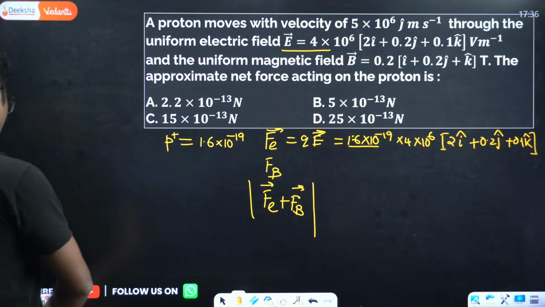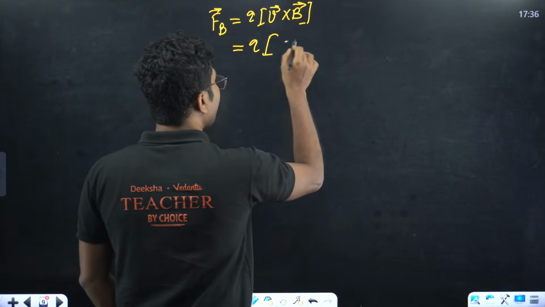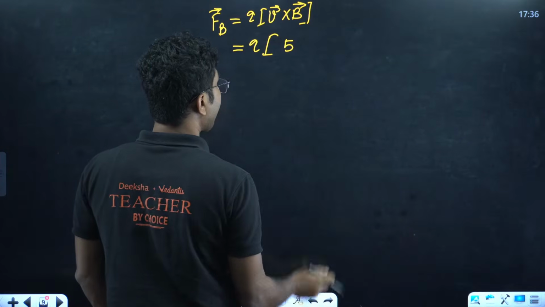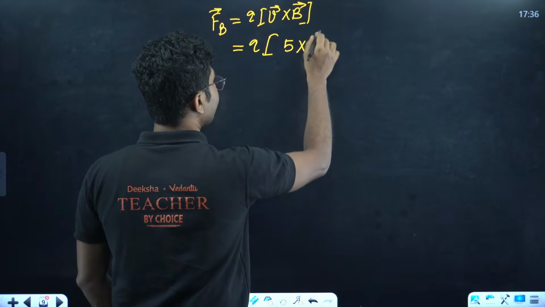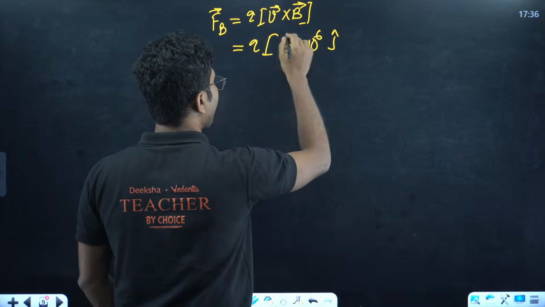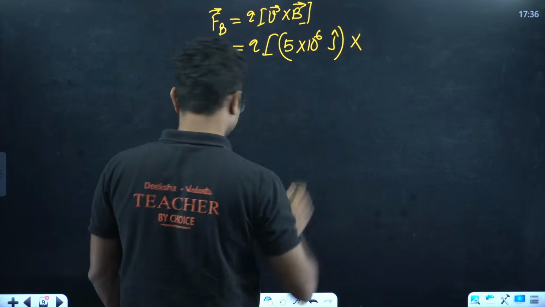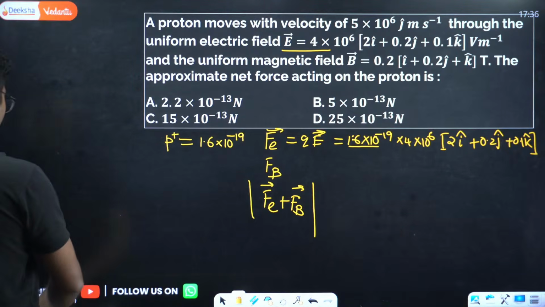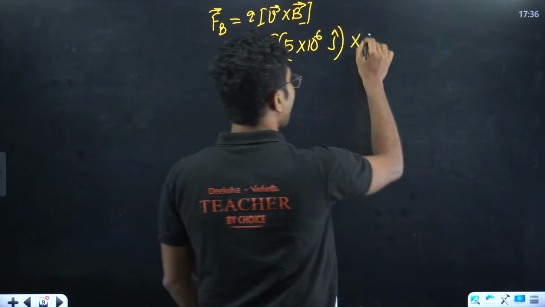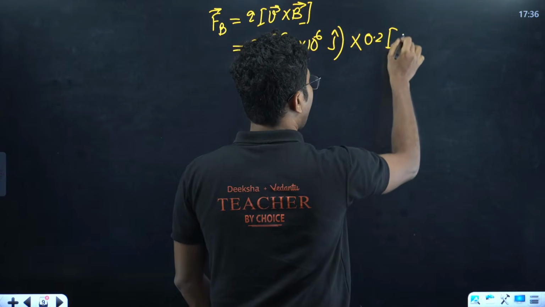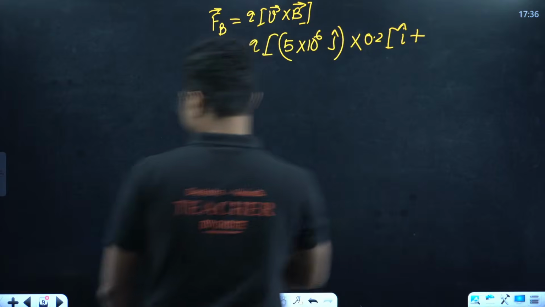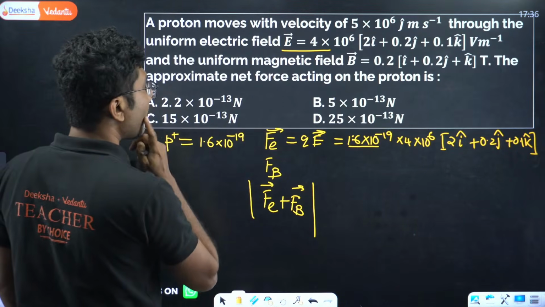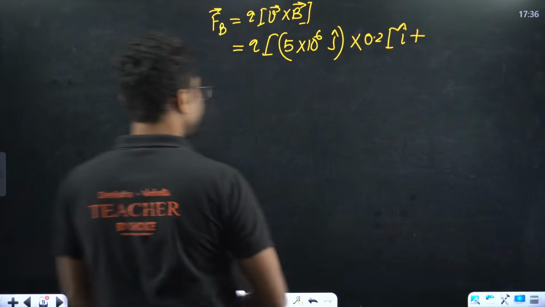V is given by 5 into 10 to the power of 6 J cap, cross 0.2 I cap plus 0.2 J cap plus K cap.